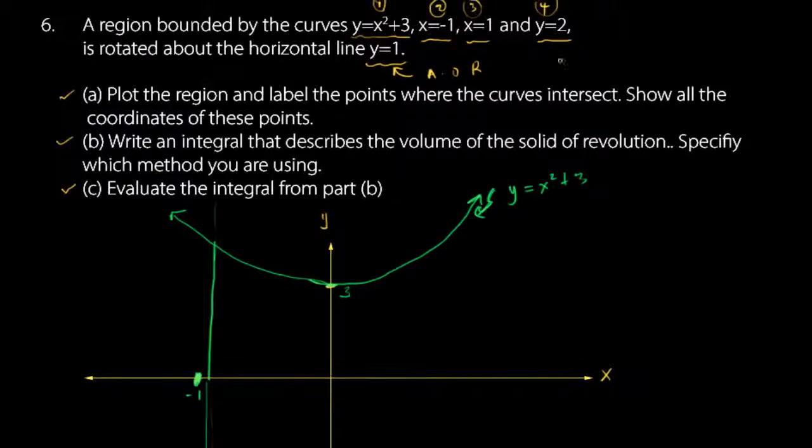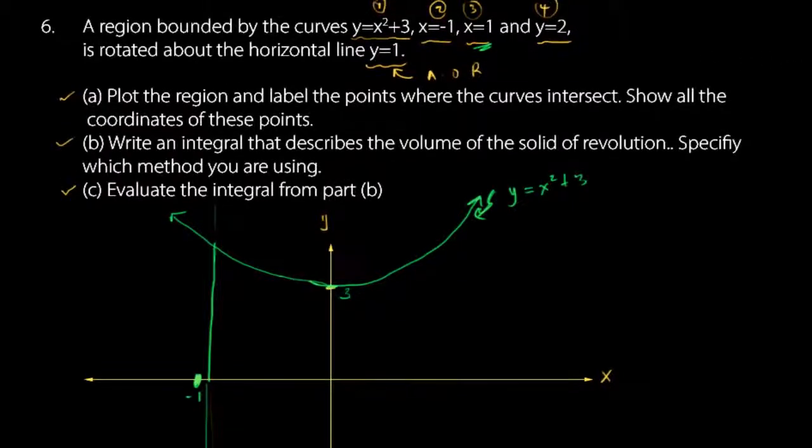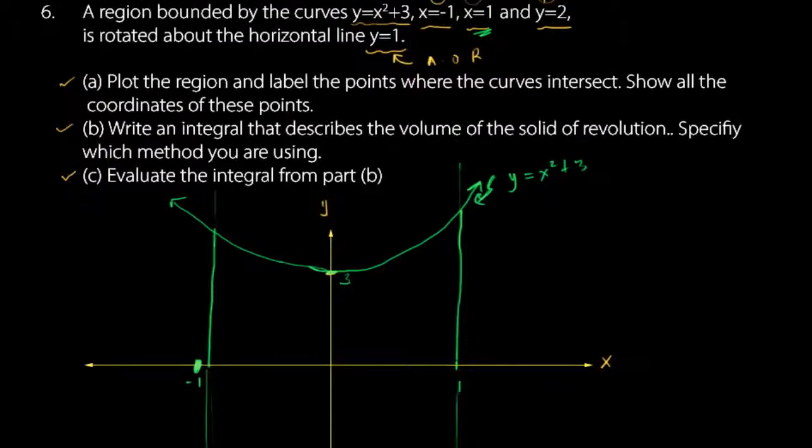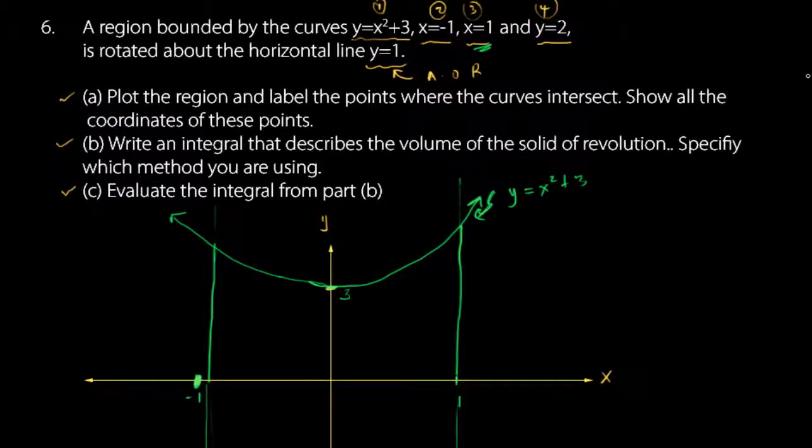The next one is x equals 1. X equals 1 falls in this region here. So you have this line like that, and then you have stuff going up here.